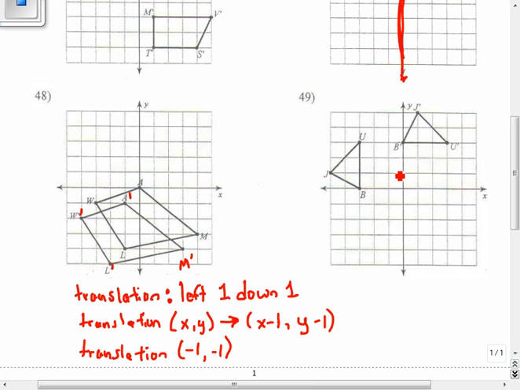Okay, on 49. What do you see in 49? What kind of transformation does it have to be? Not transformation. Has to be a rotation. Okay, so for a rotation, we went how many quadrants? One. We went one quadrant.